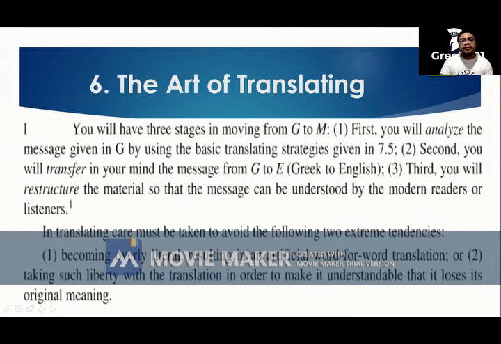But of course, there are extreme tendencies in the first one, becoming overly literal, resulting in an artificial word translation. The problem in the literal sense is that you might use the word in a wrong context. And of course, in Greek, the order of the words is different.